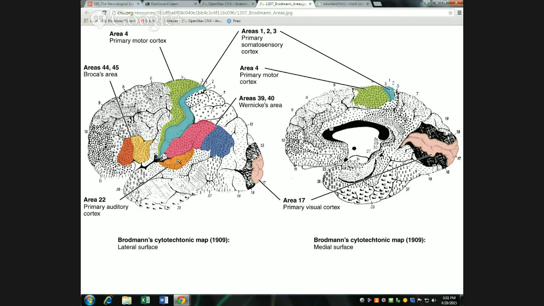Or, for example, the primary auditory cortex is this little piece of cortex in the superior temporal lobe. And that's the first place where we're processing conscious perception of sound. So those functions are localized to those particular places.